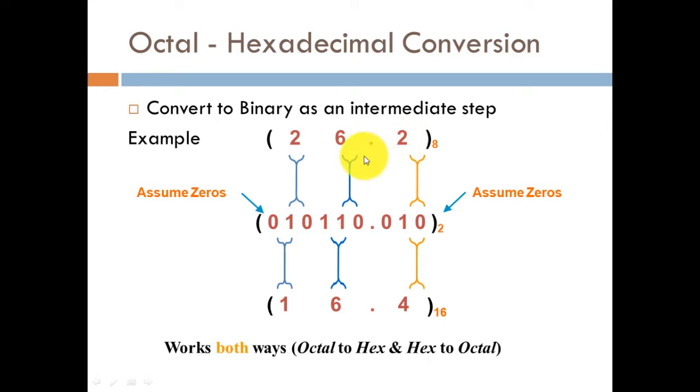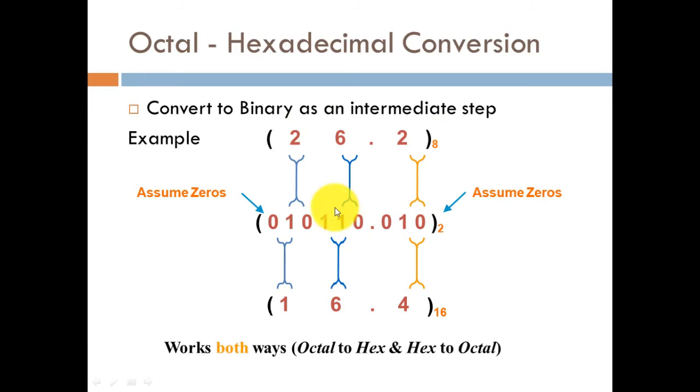In the first step we convert it to binary. 2 is written as 010, the binary equivalent of 6 is 110, and the binary equivalent of 2 is 010. So this is the binary equivalent of the octal number 26.2.